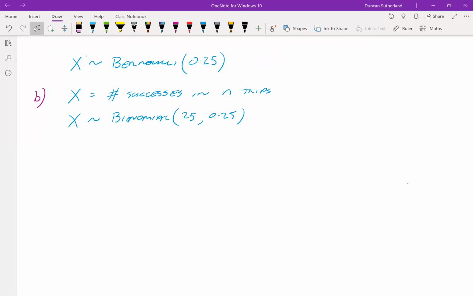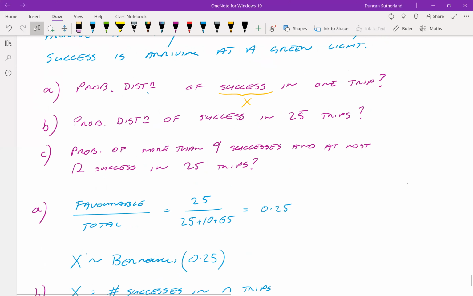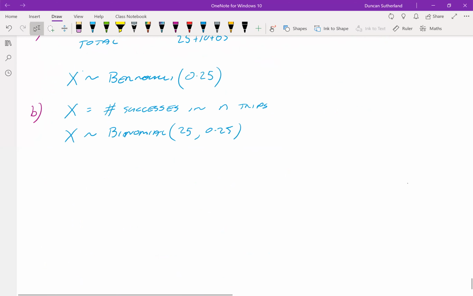Now we also have a formula for the probability of X, little x successes. That's N choose X times the probability P to the power of X, the probability of success, times the failures.